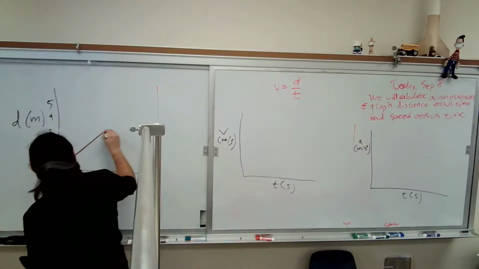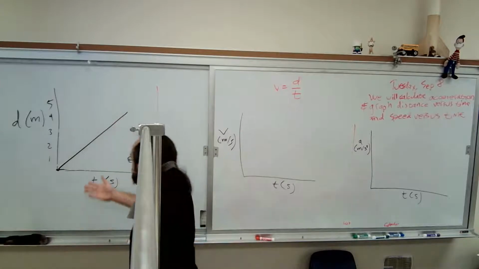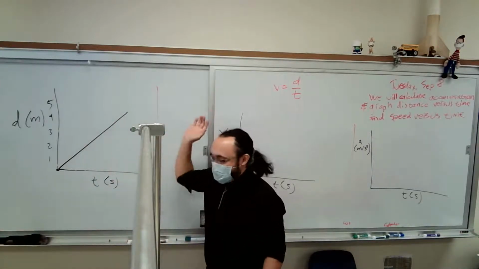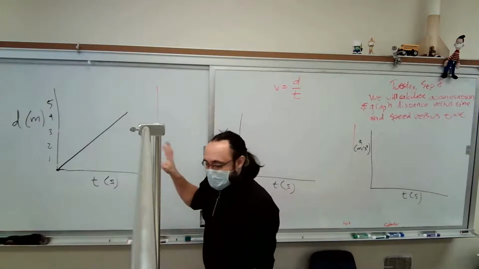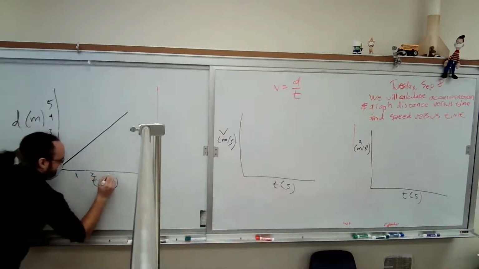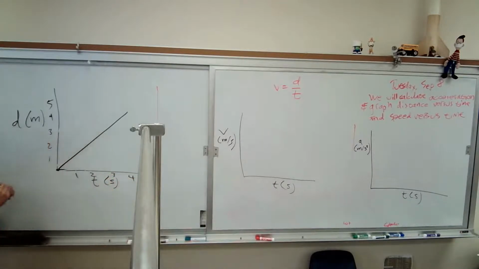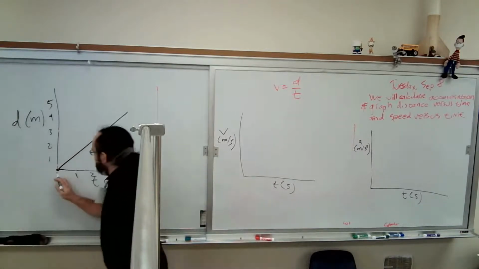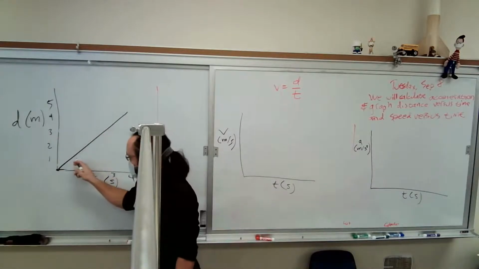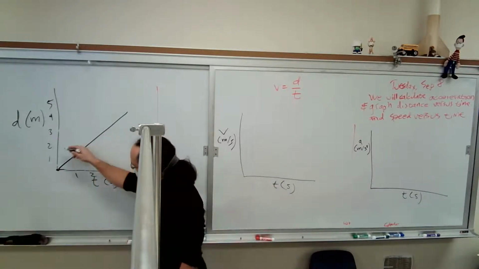So we were just saying that ours sped up. Well, this line goes up. A lot of people look at this and say, it goes up, we're done. But let's think about it. Let's write some seconds down here: 1, 2, 3, 4. At 0 meters, it was at 0 seconds. After 1 second, it had gone 1 meter. After 2 seconds, it had gone 2 meters.